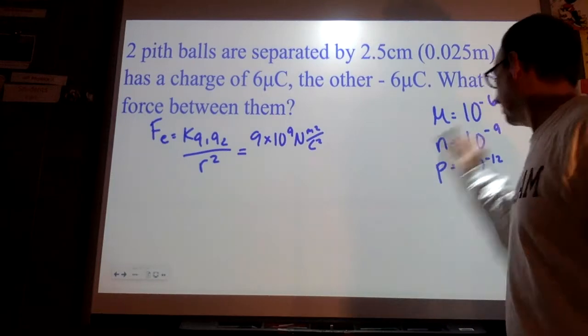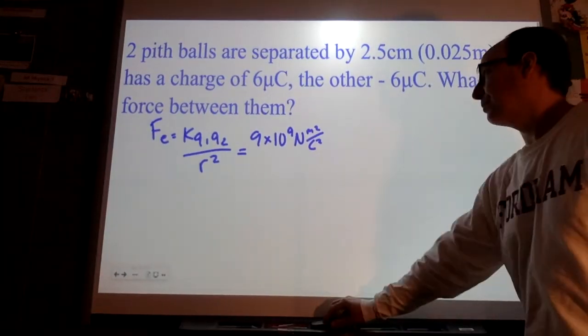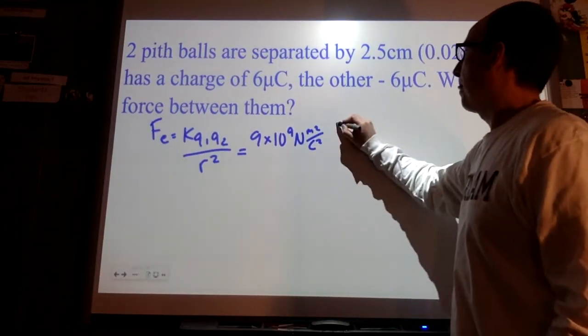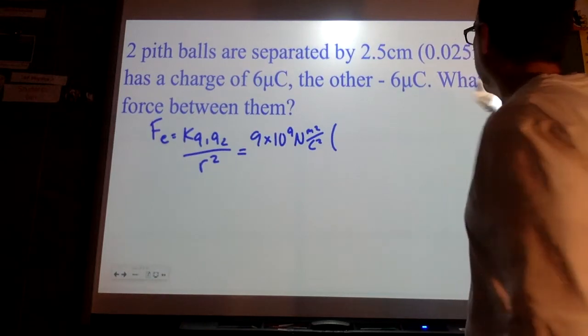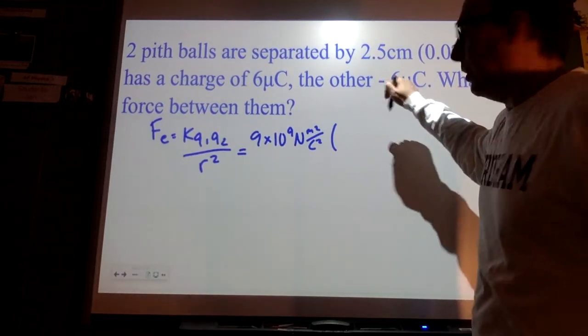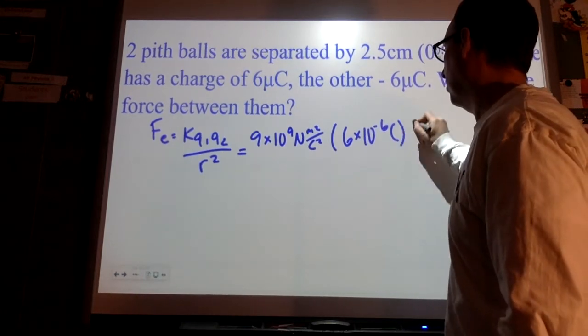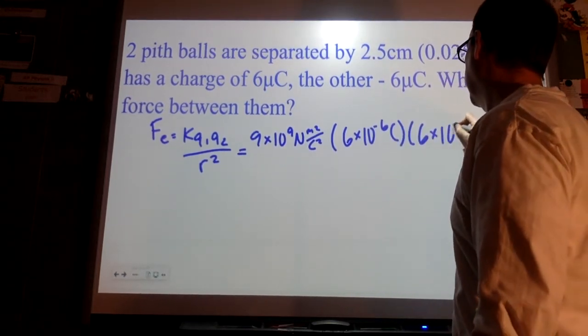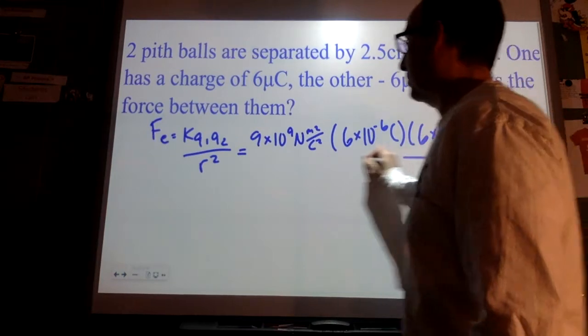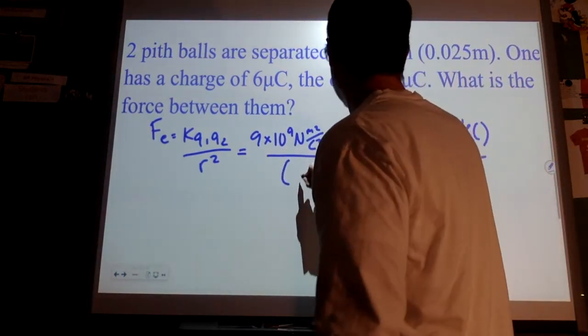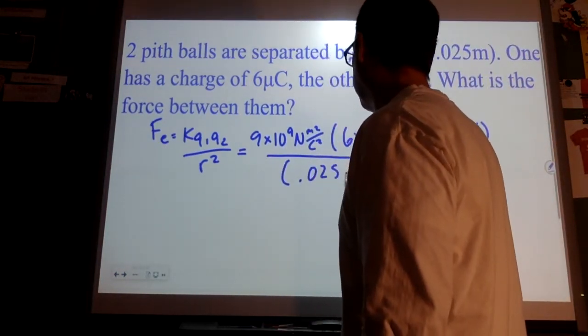I'm going to erase this so it's out of my way. And I'm going to leave the sign out of that one. So I'm going to have 6 times 10 to the negative 6 coulombs, 6 times 10 to the negative 6 coulombs divided by 0.025 meters squared.